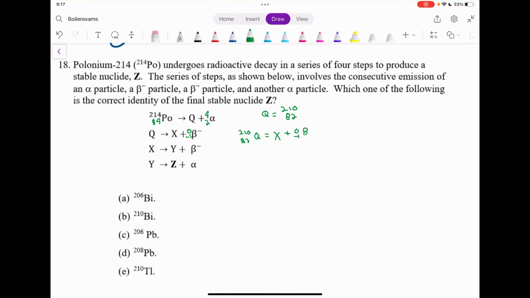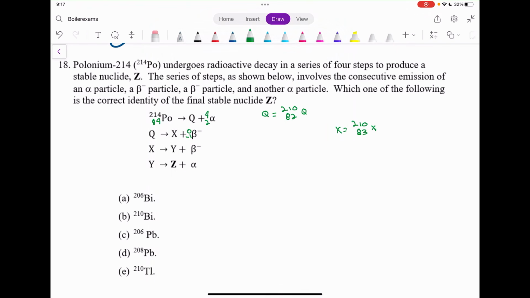X equals, if we balance this, mass number is not going to change, and then it will have atomic number 83. So that's what X is going to become.